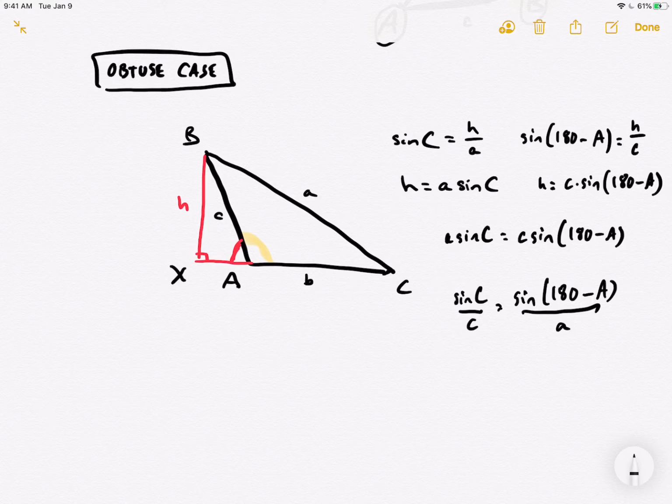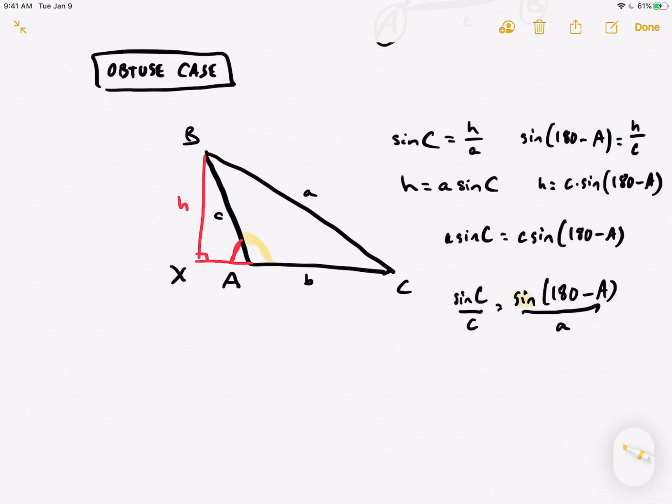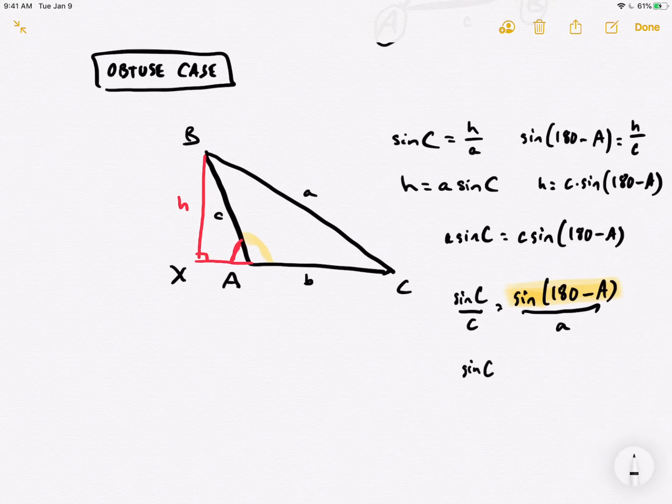And of course, you can connect it to sine of B over b by drawing a different altitude, or turning the triangle on its side even. One thing you should note, though, is we know this rule about sine: when I'm looking at sine of 180 minus A, that is one and the same as sine of A. So I can take the obtuse case proof one step further and replace sine of 180 minus A over a with sine of A over a, and I could do the same thing with sine of B over b.